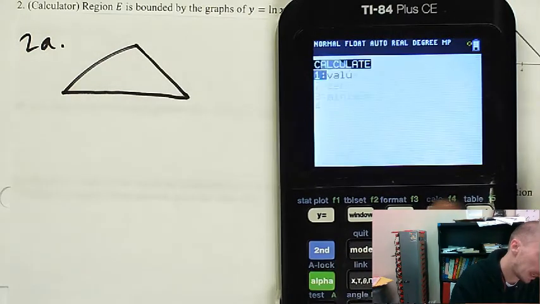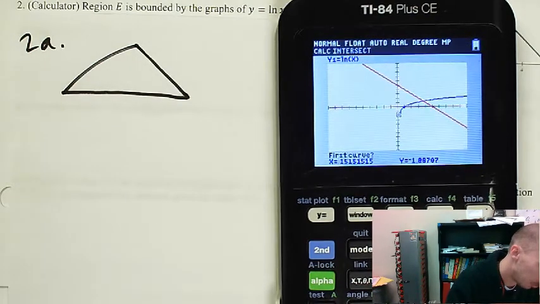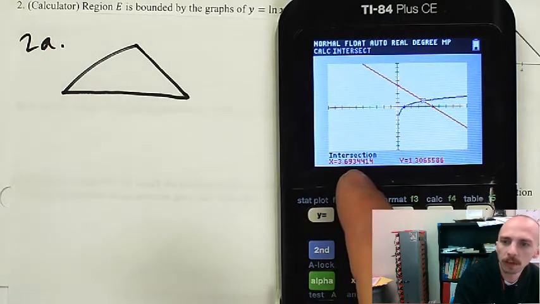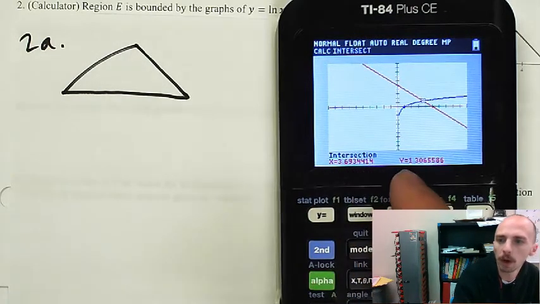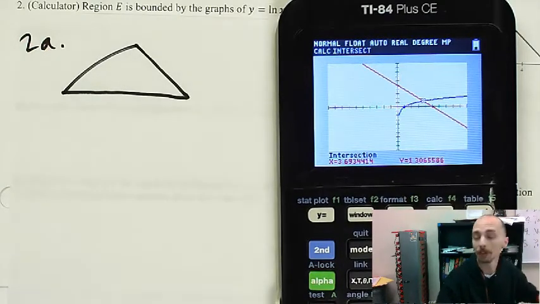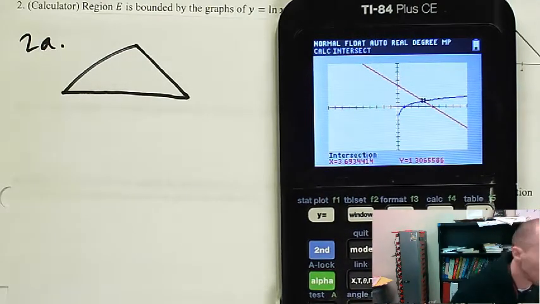We're going to calculate the intersect between blue and red. Give it a guess of, I don't know, 4. And I get x equals 3.69344414, and y is 1.3065586. Now, I recently learned that that means that we've got those numbers stored in x and y on the calculator, so I might just use that a little bit.